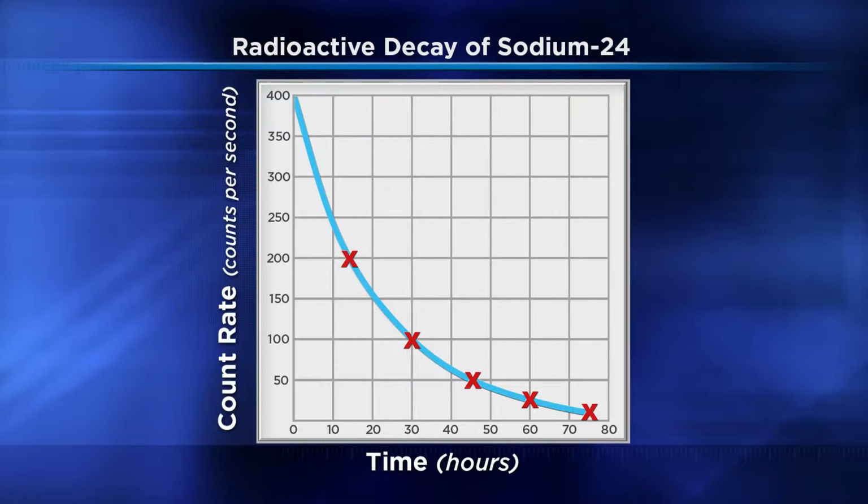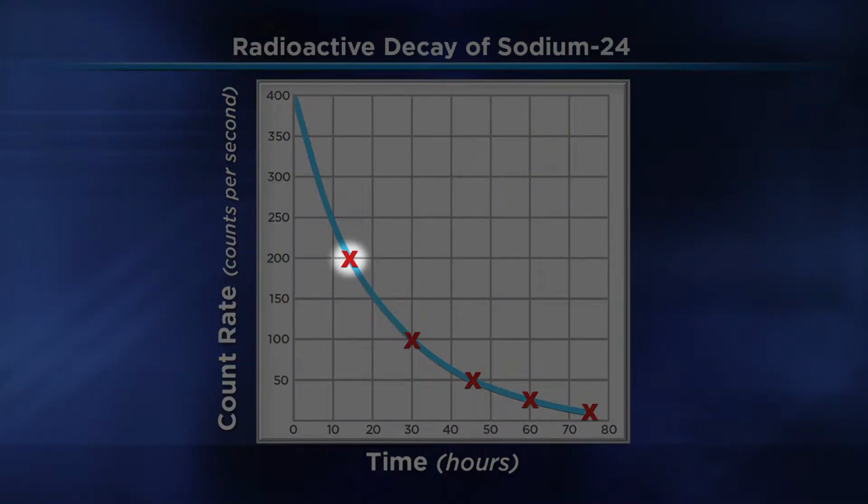This graph shows that after about 15 hours, half of the original amount of sodium-24 has decayed and is no longer sodium. This data tells us that the half-life of sodium-24 is 15 hours.